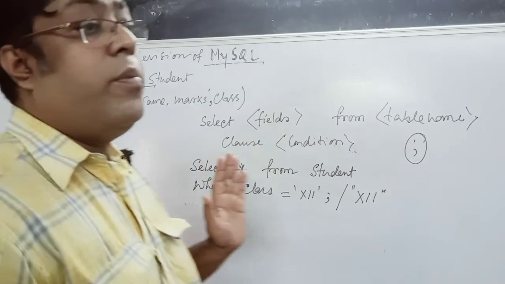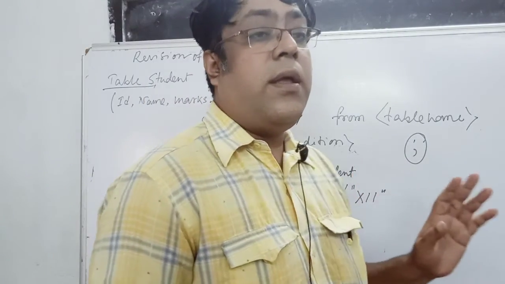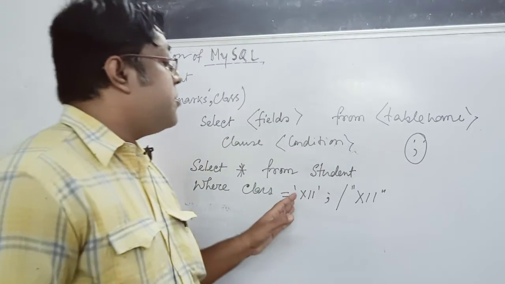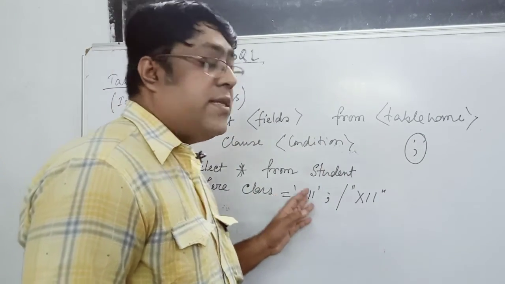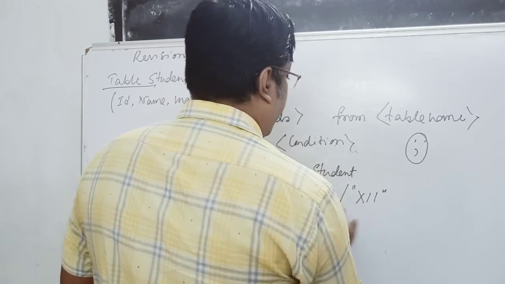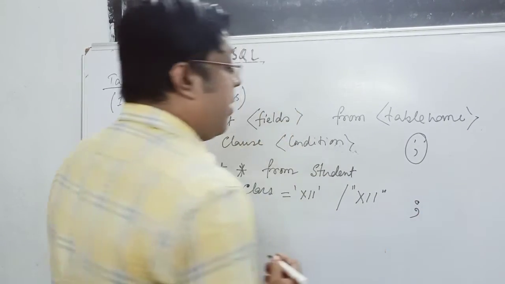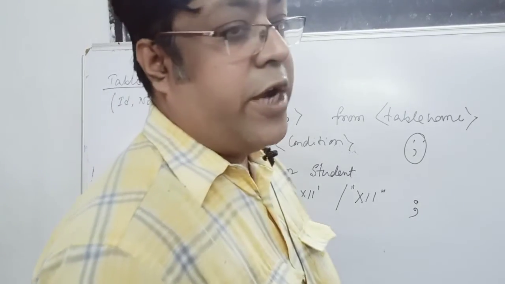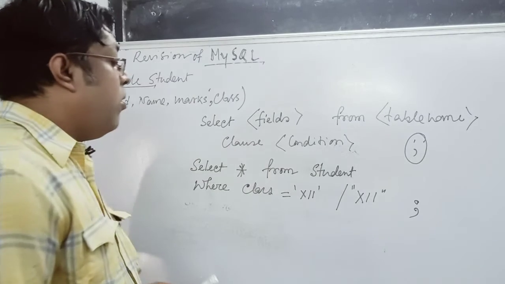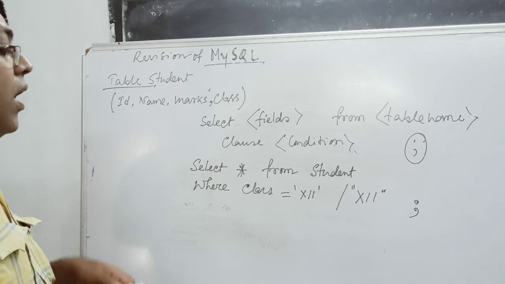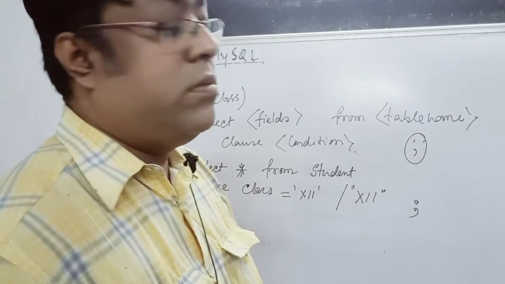In case of a numeric value, we do not use single or double quotes. Otherwise, in case of a string, we have to use either single or double quotes. And after the statement, we use the semicolon, which denotes the end of our statement. Now we can use a logical operator.